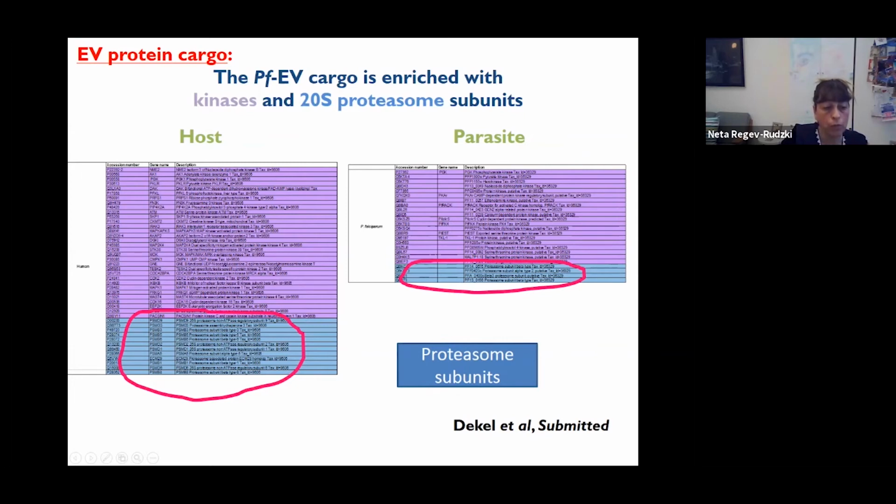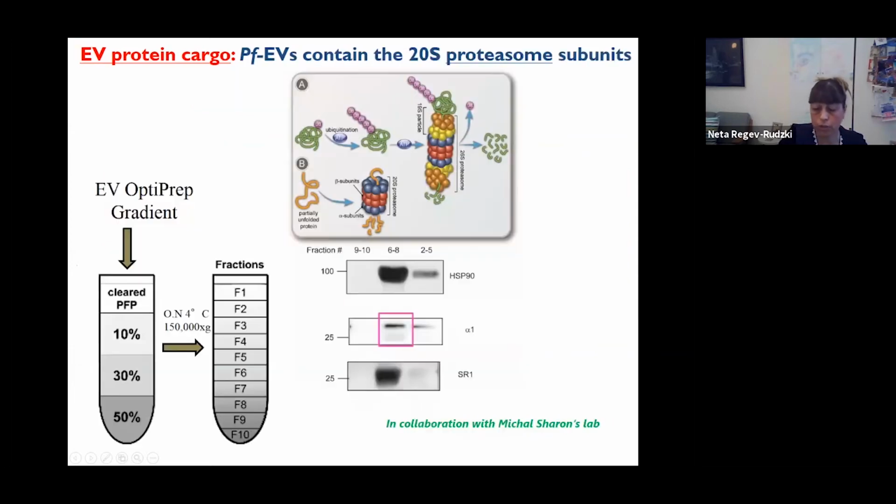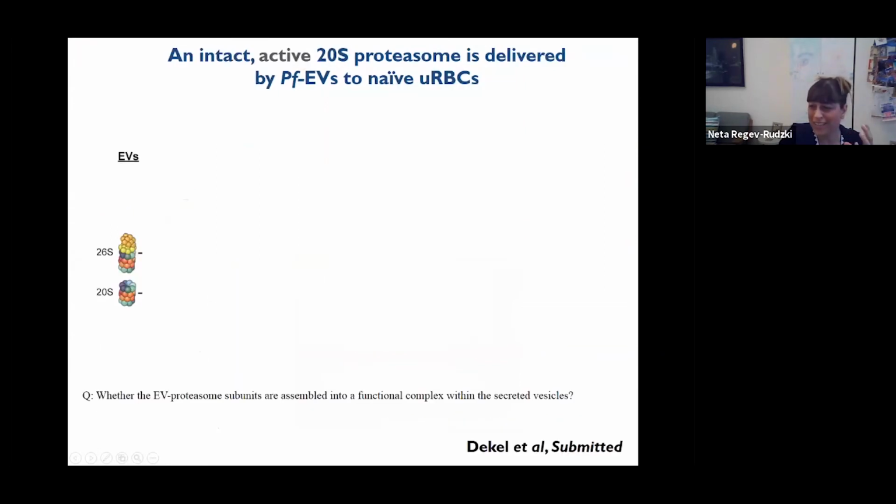So obviously we had to show that these proteasome subunits are indeed in the vesicle fraction, using an OptiPrep gradient. But then we had to transfer all these complicated biochemical assays for the proteasome and move them into the EV field, to study their presence in the vesicles.